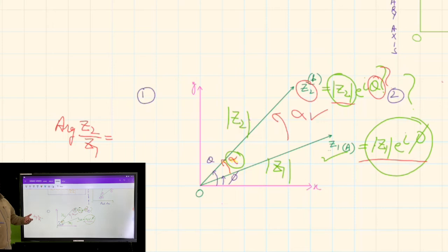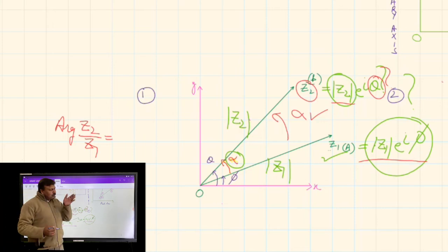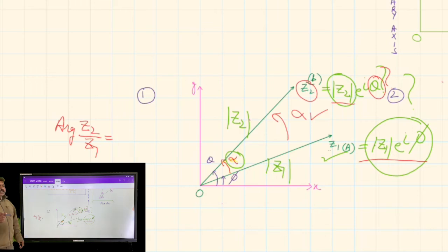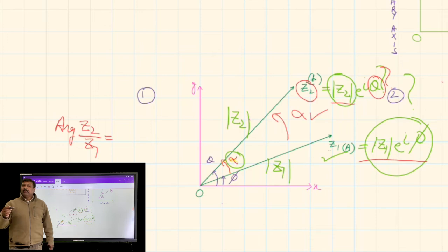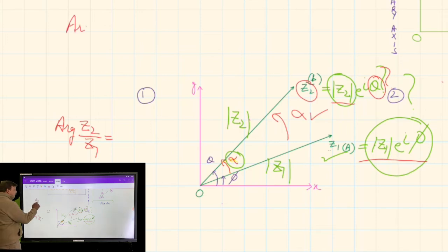Now argument, if you correctly remember, has to be considered either as principal argument or as general argument. Here we are considering principal argument. Principal argument is something which lies between 0, which is inclusive, and pi, which is not inclusive. Argument here, which I am referring to as the principal argument, can also be referred to as the amplitude.